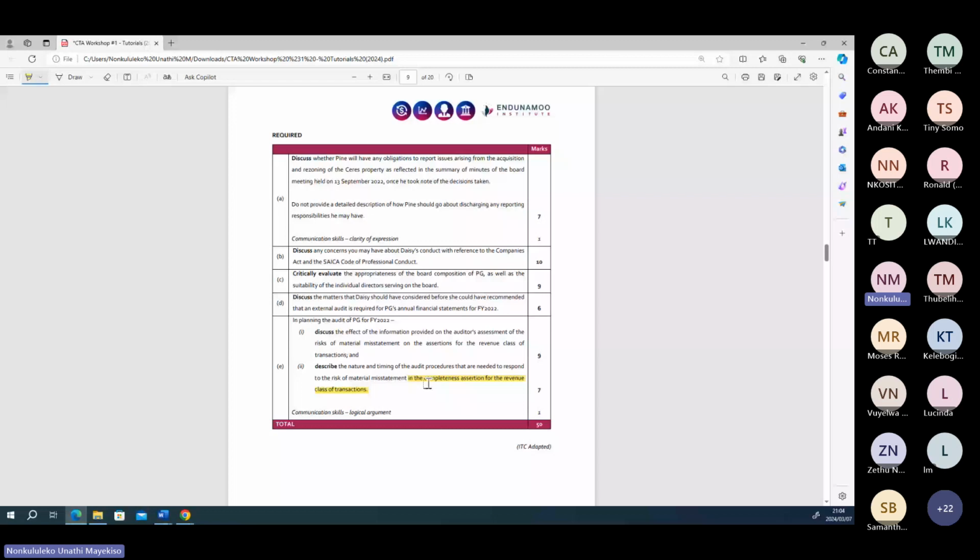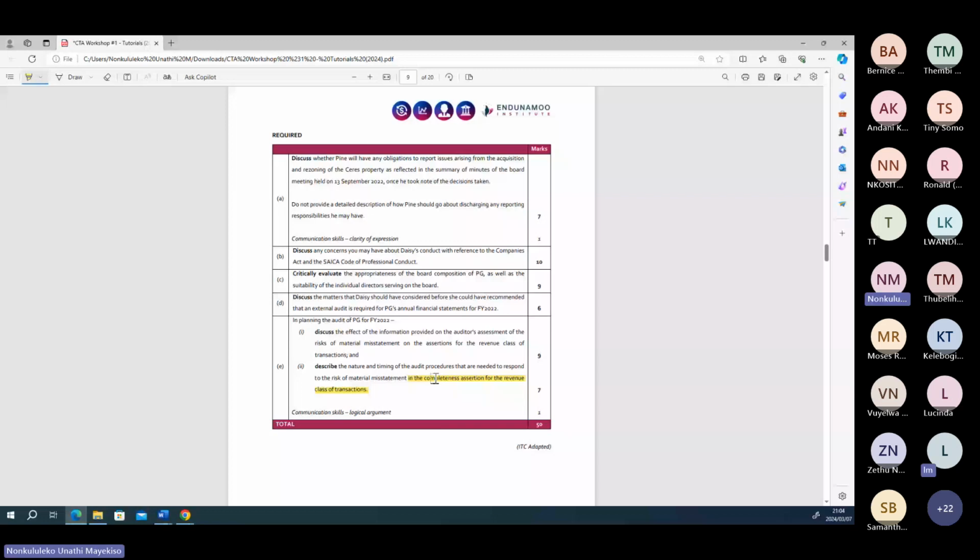In this case, they haven't asked us to formulate the audit procedures, so what you're talking about is a little bit of a step further. Even if you took this part out, the answer would still be the same as what we just discussed. And even if they changed this assertion to occurrence, the answer would still be the same. Okay, so my focus would be on the nature and timing.